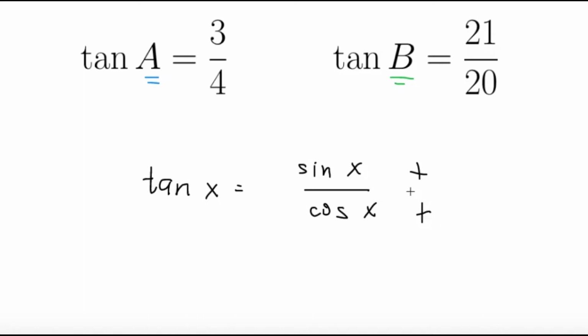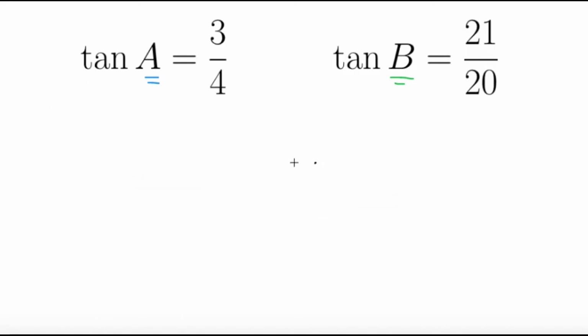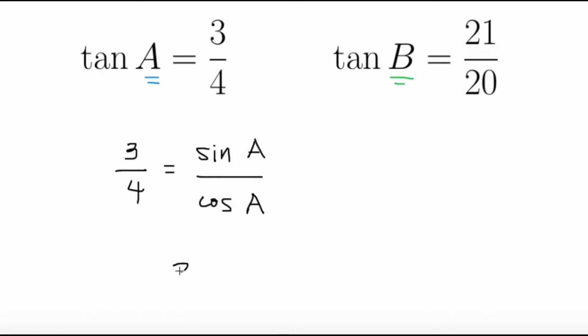Alright, now going back to getting the sine of A and the sine of B. Since tangent A equals 3/4, we have 3/4 is equal to sine of A over cosine A. It's a very famous Pythagorean triple that 3, 4, 5 is a right triangle.